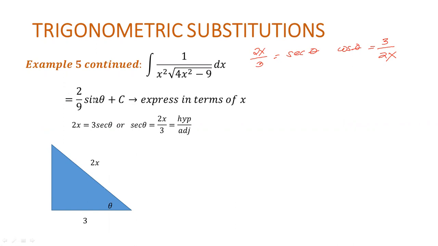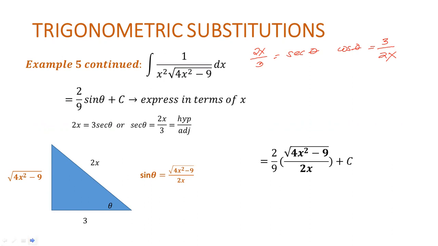What we have is the sine, so we need this side, which is from the Pythagorean theorem, the square root of 4x squared minus 9. Telling you that the sine is the square root of 4x squared minus 9 divided by 2x, which is the hypotenuse. So this one has to be changed to this.